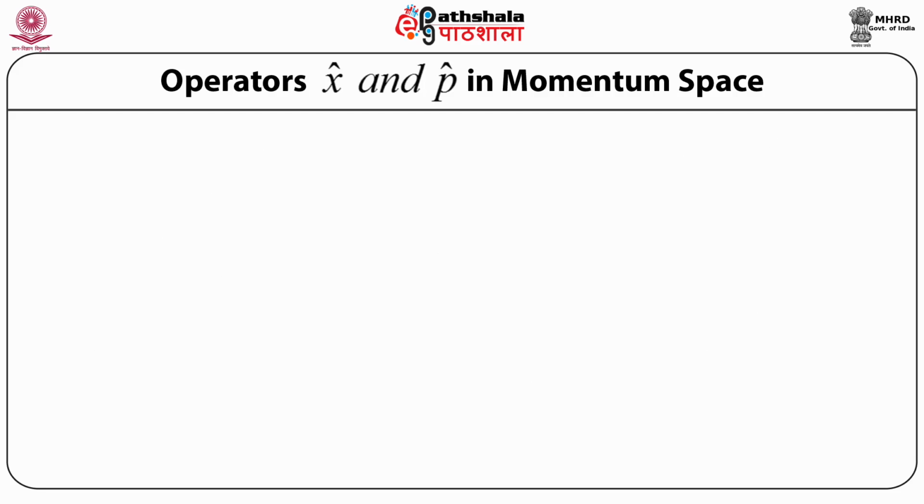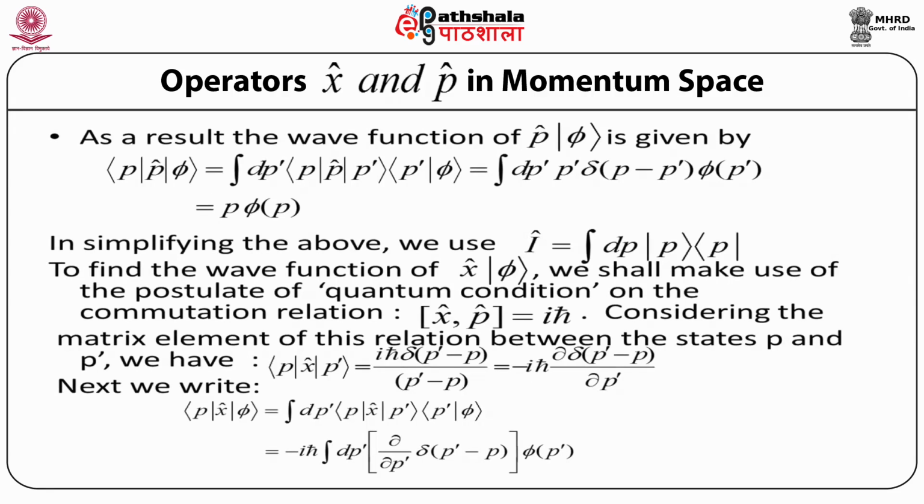Operators x and p in momentum space. As a result, the wave function of operator p acting on state vector phi is given by bra vector p, operator p, ket vector phi, equal to integration over dp prime, bra vector p, operator p, ket vector p prime, bra vector p prime, ket vector phi.